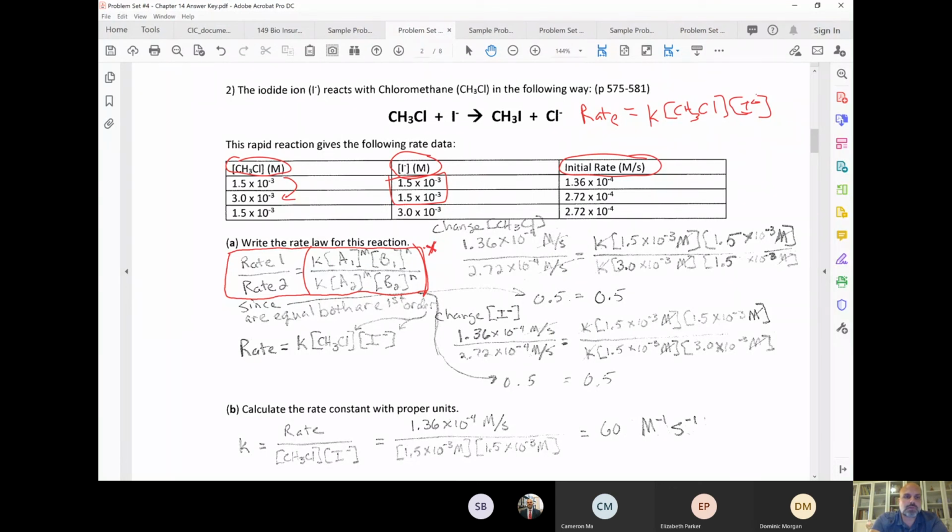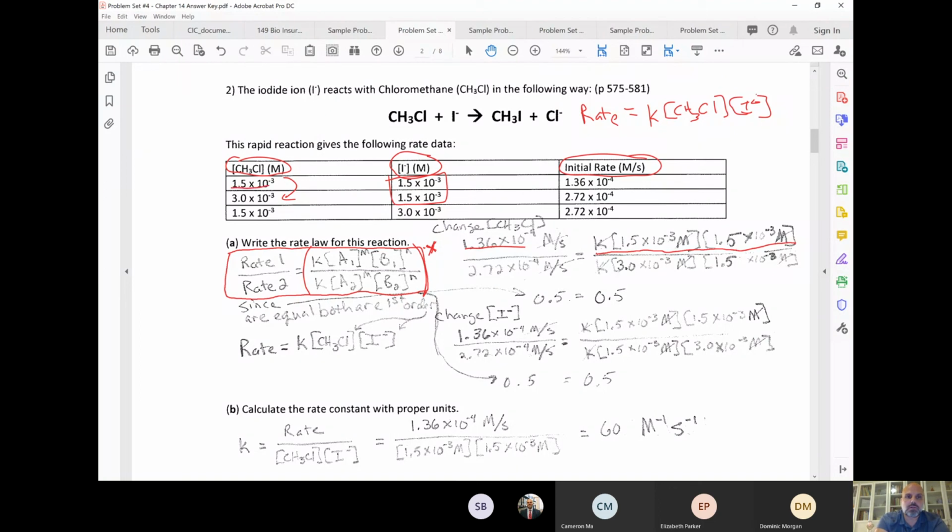So all you're simply going to do here is in the first step, we take our rate 1, our 1.36 times 10 to the minus 9th for the first rate, and we know that that rate is equal to k times the 1.5 times 10 to the minus 3 times the 1.5 times 10 to the minus 3.